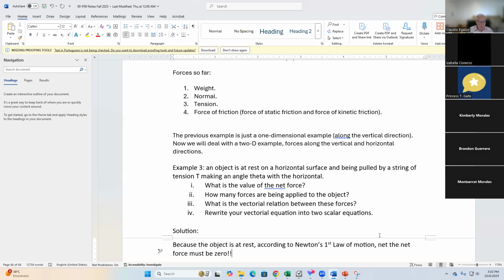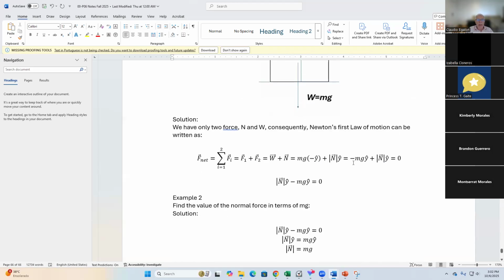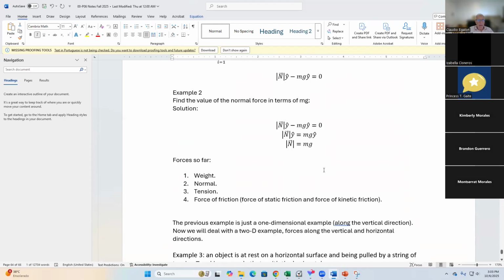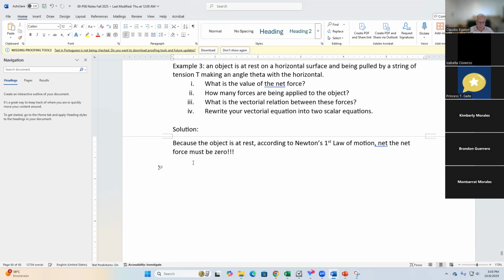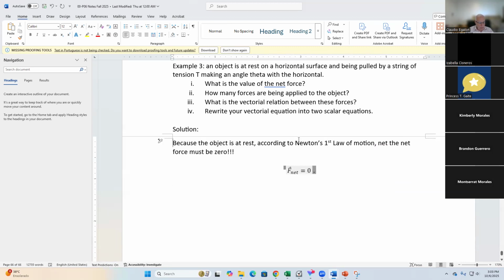Zero, okay? So we can rewrite that. Here you go, like this one. Net force must be zero. That's the first item of the example. Now, second.